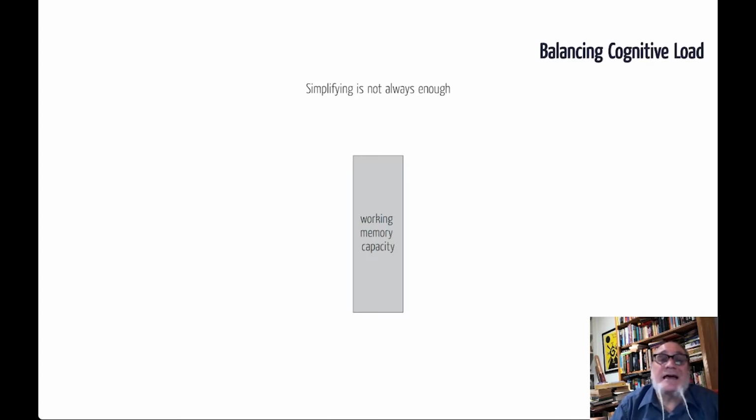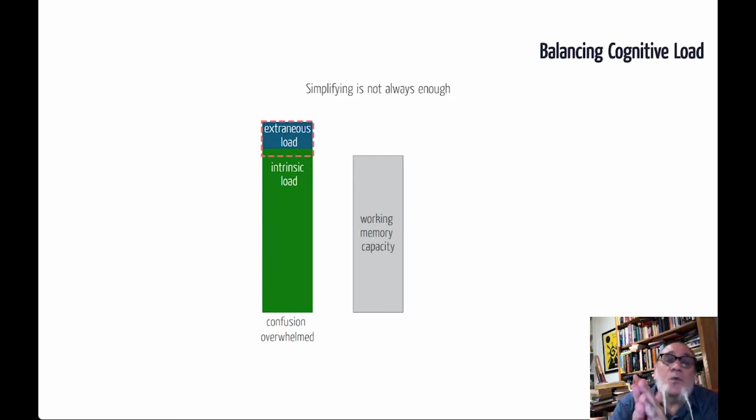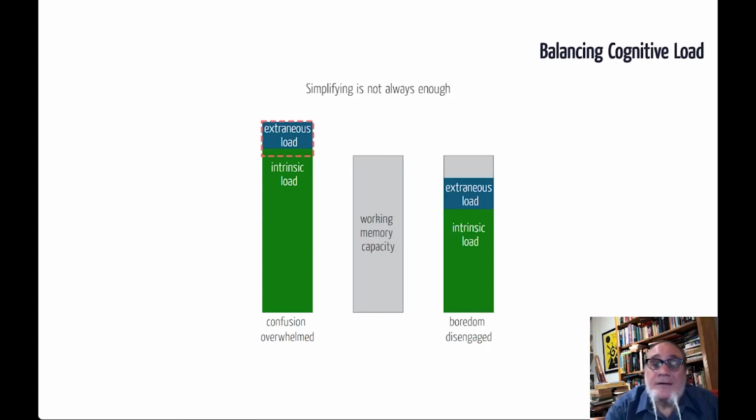But simplifying is not always enough. We've got our working memory capacity. That's our bottleneck. When extraneous load and intrinsic load combined exceed our working memory capacity, that leads to the reader being confused and overwhelmed. But if we don't have enough intrinsic load and extraneous load, that leads to people being bored or disengaged. I hope you're not bored or disengaged at this point in my presentation.